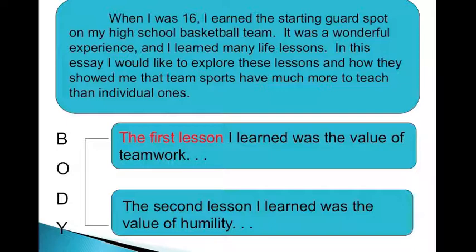Notice not only did I incorporate the word lesson, which was first mentioned in the thesis, but I also used the word first, which kind of naturally leads somebody to think that I'm going to talk about another one, which would be in this case the second. And you don't have to use the second lesson, but again, it helps to provide a stronger connection to the thesis and to each other, because they're a body, and we want to show how they work together as well.